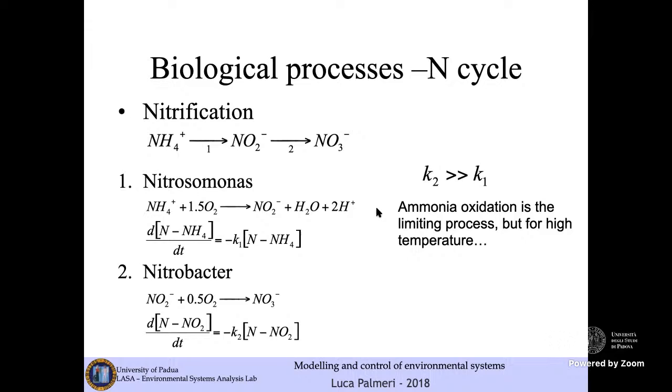This means that as soon as there is some nitrite, it is immediately converted to nitrate by Nitrobacter. This is also one of the reasons why, if you are planning a monitoring program, it is not very relevant to measure the concentration of nitrite, because nitrite is immediately converted into nitrate.